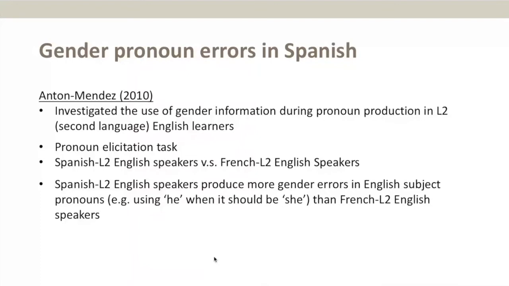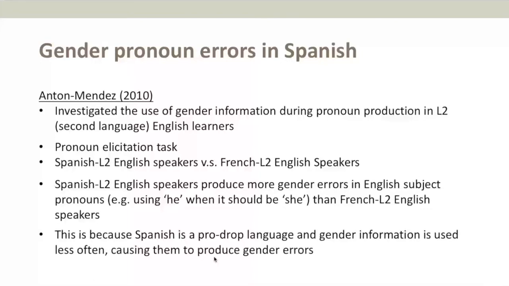French speakers don't really have this problem. Considering both groups are learning English as a second language, but only Spanish speakers encounter this problem, what she suggested was that this is due to Spanish having a property called prodrop, that causes Spanish speakers to have difficulties using the correct pronoun.